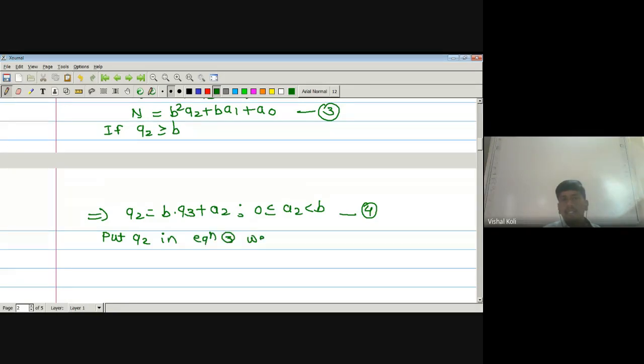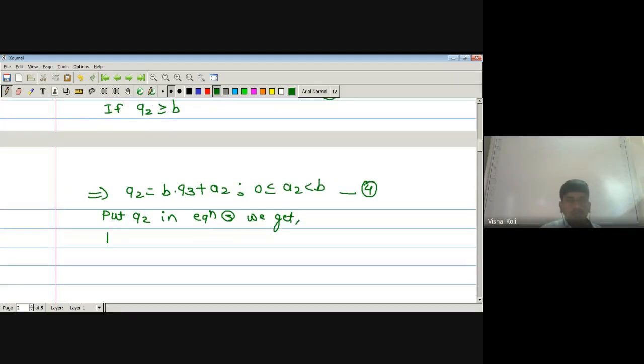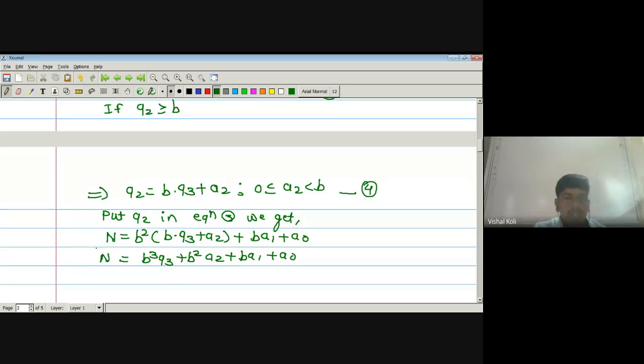We get n is equal to b square into q2, but q2 is nothing but b into q3 plus a2, plus b into a1 plus a naught, which is nothing but b cube q3 plus b square a2 plus b a1 plus a naught. This one is the n, and this step will be the third step.